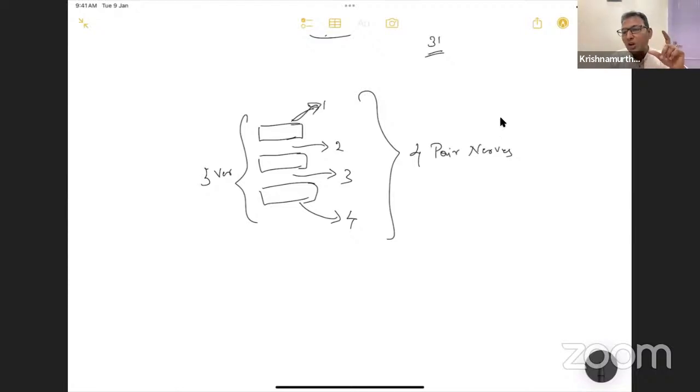So in cervical, how many vertebrae do we have? We have 7.